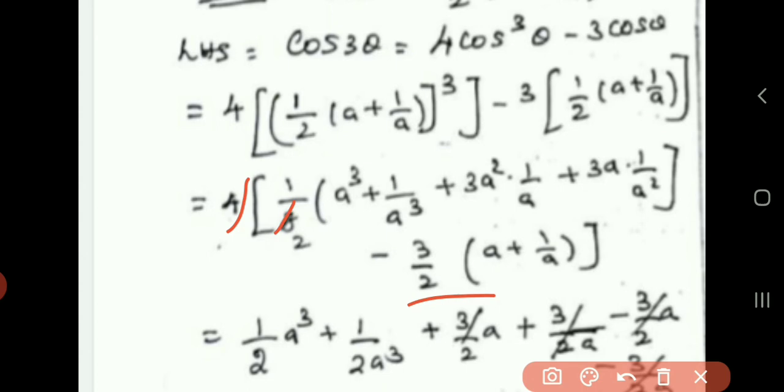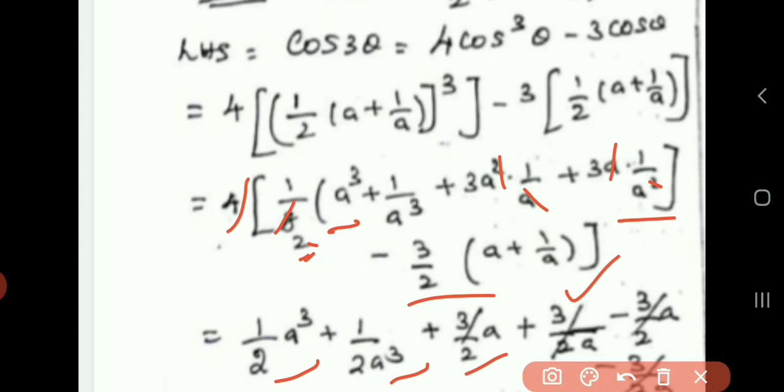And then I want to remove these brackets also. So we want to multiply with each term there. So it will become 1 by 2 a cube plus 1 by 2 a cube plus, here I can cancel a and a. The simple thing is 3a is there and by 2. So 3a by 2, and even here also I can cancel one a and a. So here I have already 3 by a, and if you multiply with this 2 it will become 3 by 2a here.